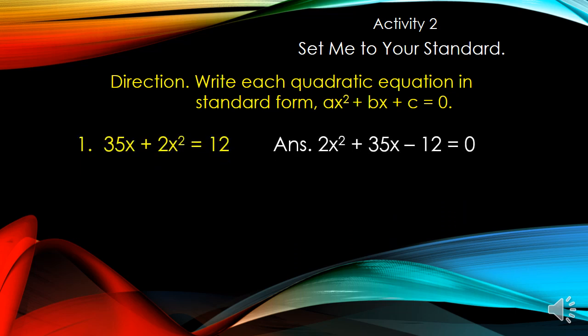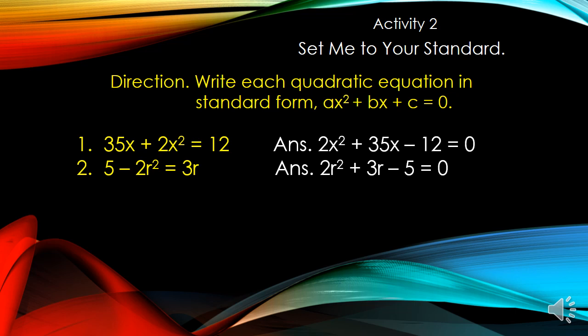Number 1, 35x plus 2x squared equals 12. The answer is 2x squared plus 35x minus 12 equals 0. Number 2, 5 minus 2r squared equals 3r. Transposing 3r on the left, we get negative 2r squared minus 3r plus 5 equals 0.